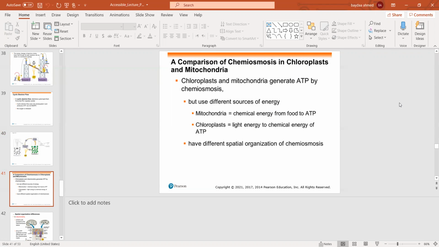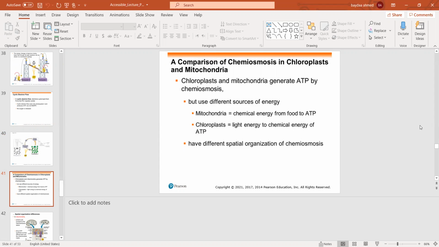Both work by way of chemiosmosis, but in chloroplasts, the high energy electrons that drop down the transport chain come from water, while in mitochondria they are extracted from organic molecules, which are thus oxidized.